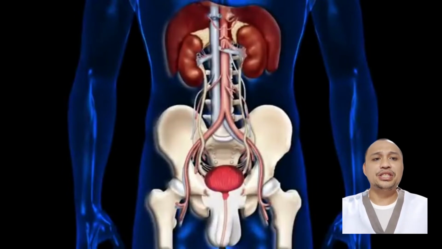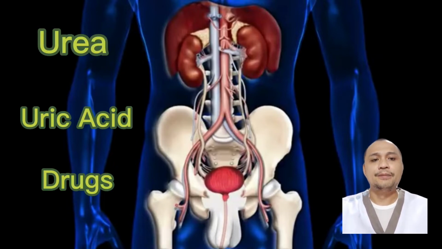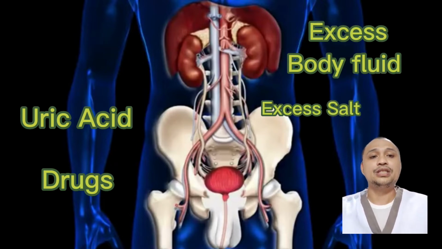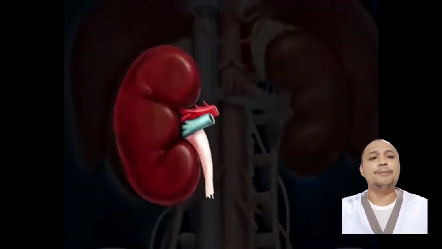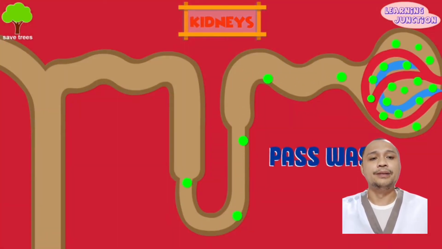The urinary system is called the excretory system. Within the urine are the various excreted products, including byproducts such as urea and uric acid, drugs, excess body fluid, and excess salts. These functions play an important role in maintaining appropriate levels of water and salts in the blood.